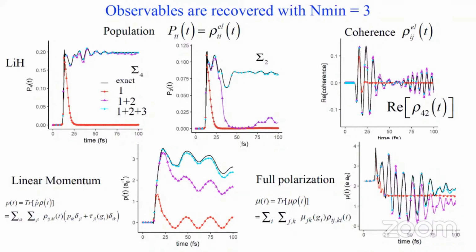Let's look at the coherence between state 4 and state 2. So it is not influenced by the ground state, right? And I am getting essentially exact with the blue. And blue means 3 terms. 1 + 2 + 3. If I only take 2, you see that I am off.